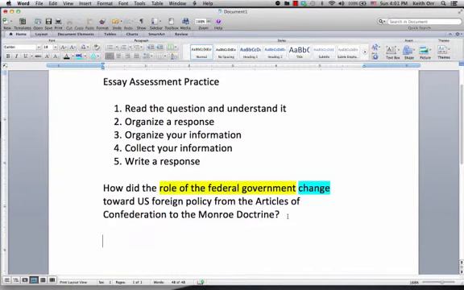So what I'm going to do is organize my response. To answer how did the role of government change, I'm writing these in the form of notes. The role of government changed in two major ways.